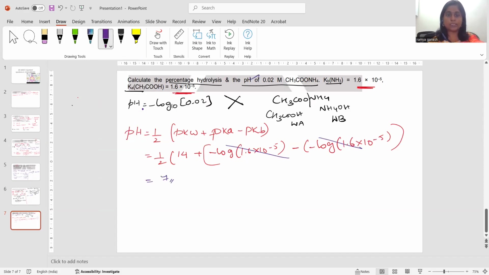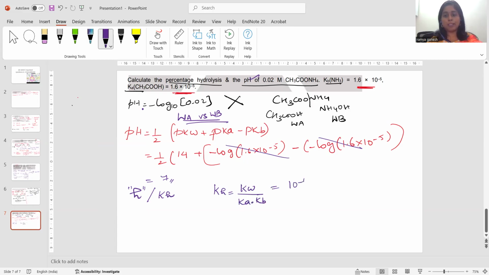So the first part of the question is done. What about the percentage of hydrolysis? Hydrolysis is nothing but h. For a weak acid versus weak base salt, we need two equations to solve: one is Kh, another is h. Kh is nothing but Kw divided by Ka into Kb.